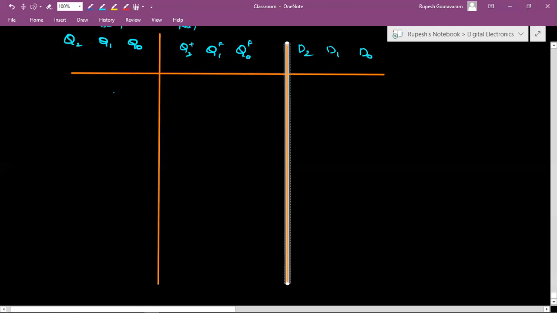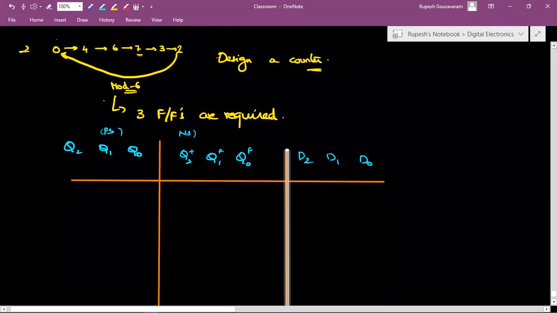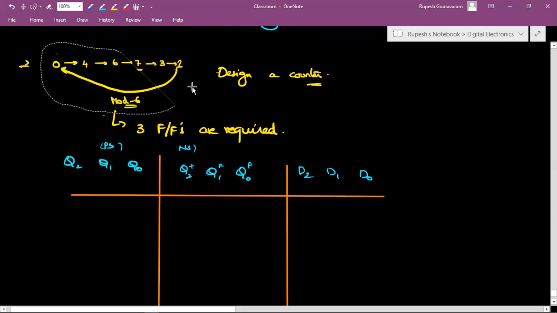So here we will take based on the cycle given. So this is the sequence that is required. Let me take this sequence.